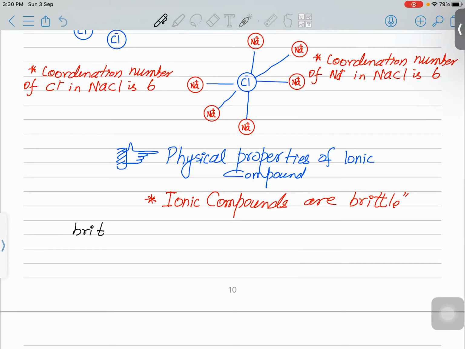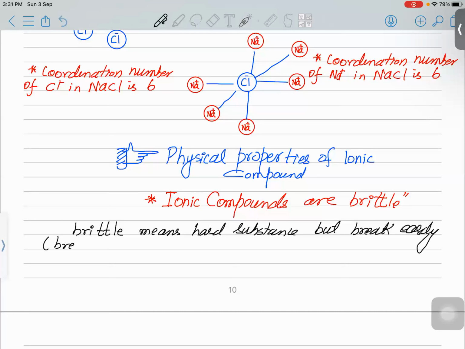Brittle means a hard substance but breaks easily. You can say that breakable. Just apply little force and they break.